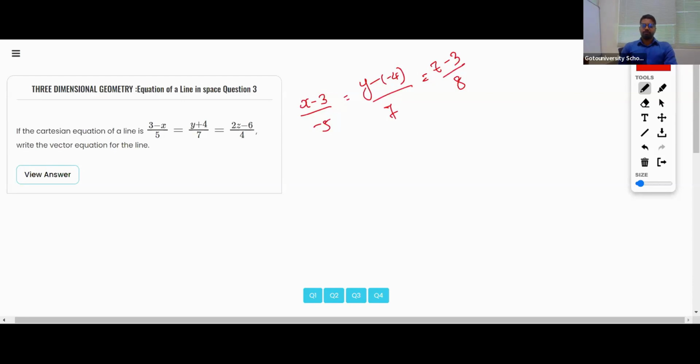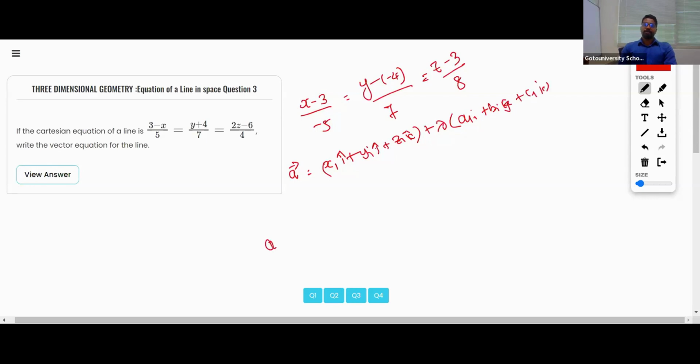So the vector equation of the line is given by r equals x1 i plus y1 j plus z1 k, plus lambda times a1 i plus b1 j plus c1 k.